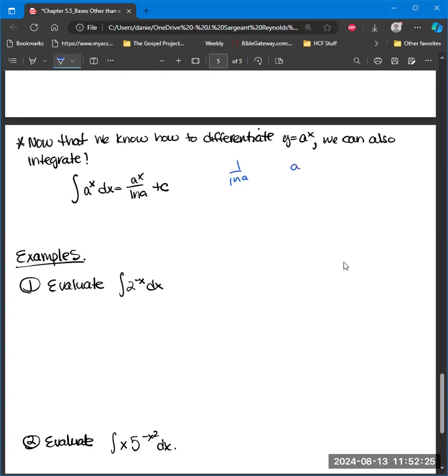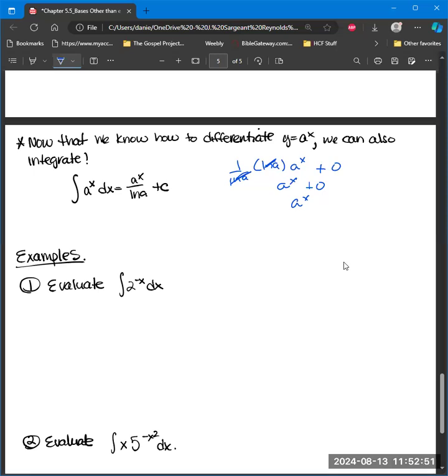We have a to the x times ln of a for our differentiation rule, and the ln of a's will cancel and give me a to the x plus 0, which is a to the x. Sure enough, that's my original function right there. So this 1 over ln of a has to be there to undo this ln of a multiplier right there.